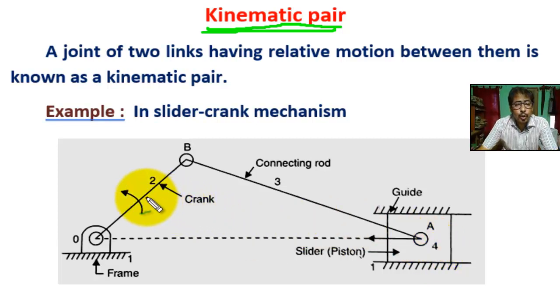When two links of a machine, this link and this link, are in contact with each other, যখন দুটো লিঙ্ক একজন একজনের সঙ্গে কন্ট্যাক্টে থাকবে তখন আমরা বলবো we say to form a pair.